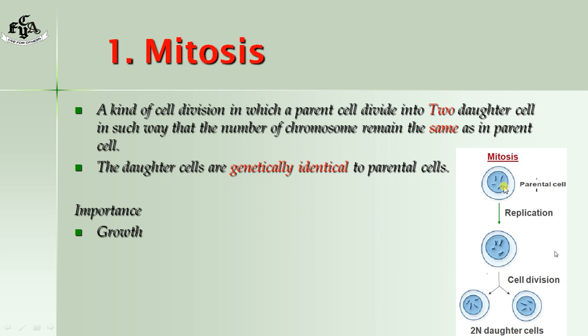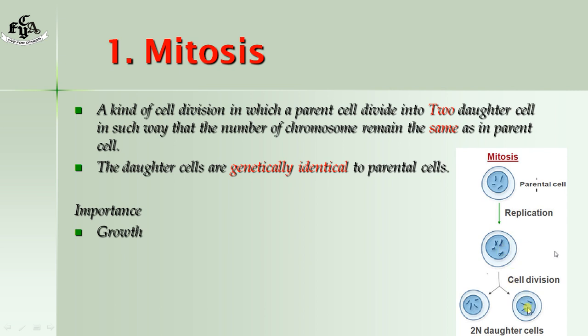So this parent cell first grows in size, and then each chromosome becomes duplicated, as you can see here. Then it starts its division. This parent cell now divides into two daughter cells in such a way that the number of chromosomes remains the same in the daughter cells.